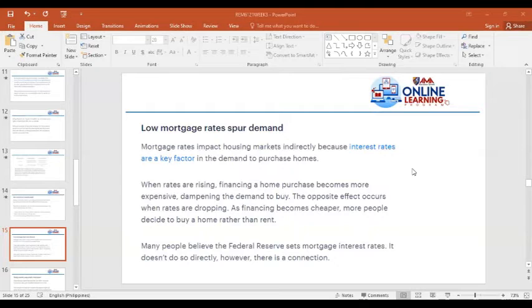There is a hike in interest rate, while for the lower or dropping of the interest rate, people decide to buy a home rather than rent. So much better to have your own home than to rent. As you can see in our country, marami pa talagang nagre-rent ng mga bahay because they cannot afford to buy.